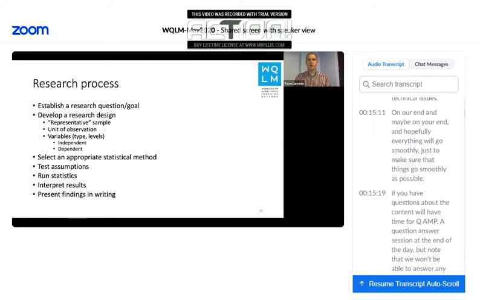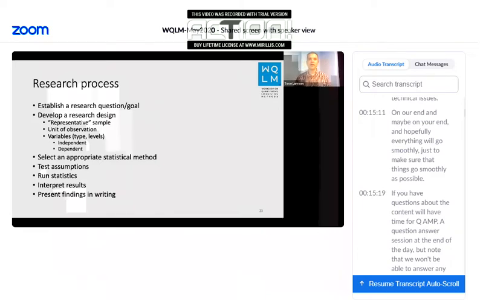Interestingly, again, we often think about statistics first and foremost, but there's so much that happens before we should begin thinking about statistical methods.